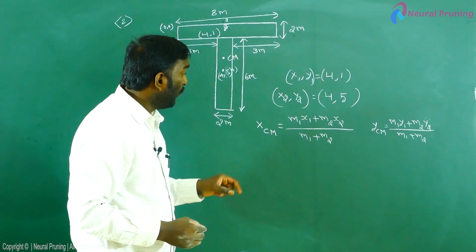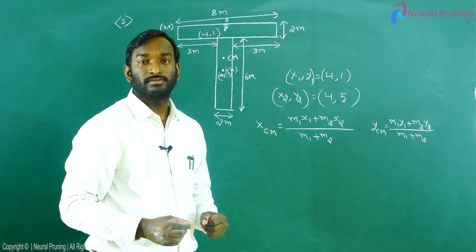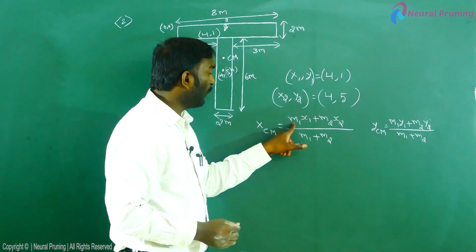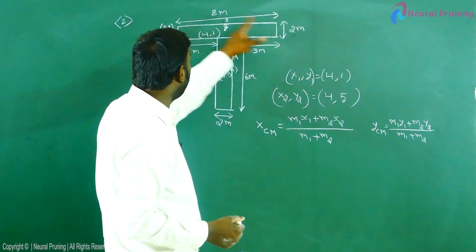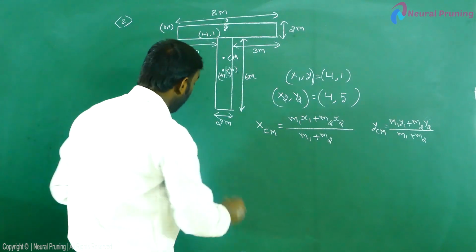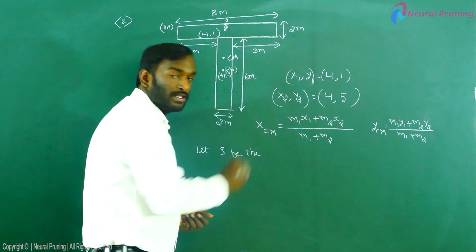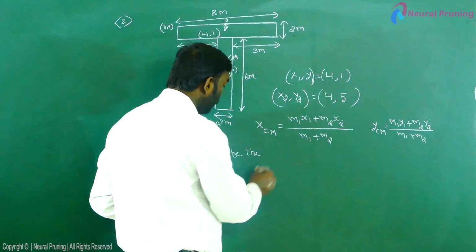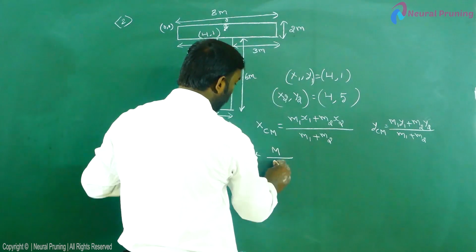Means first I have to find the values of m1 and m2. How to find the value of m1? Again, use the same method. You can find the area. Let rho be the mass per area, m by area.